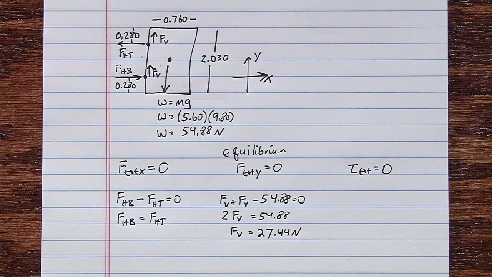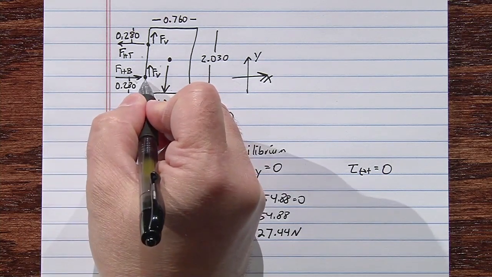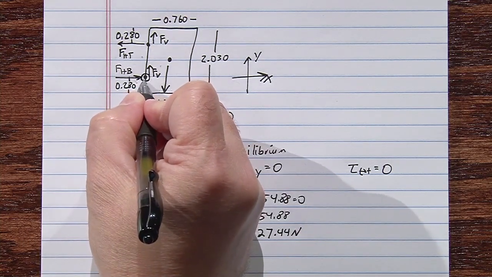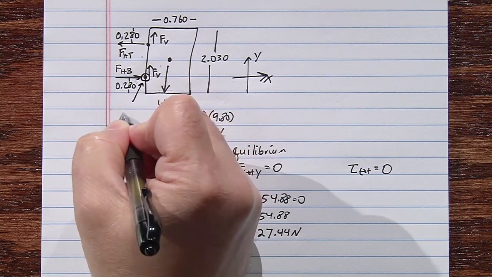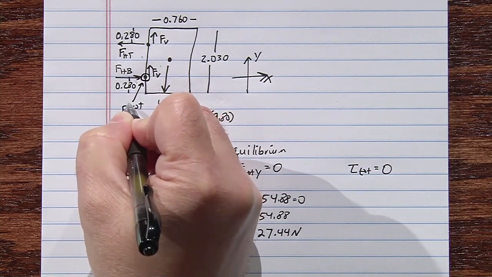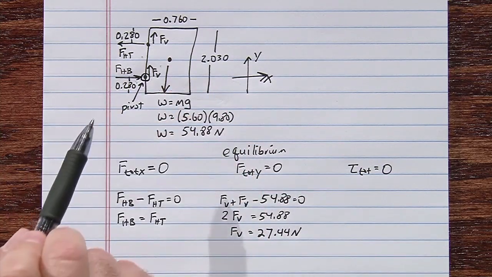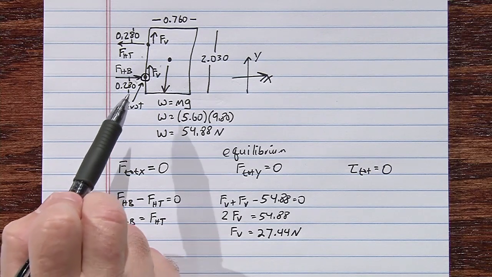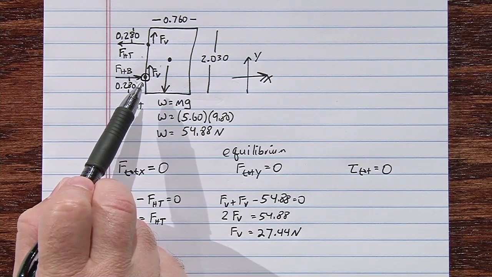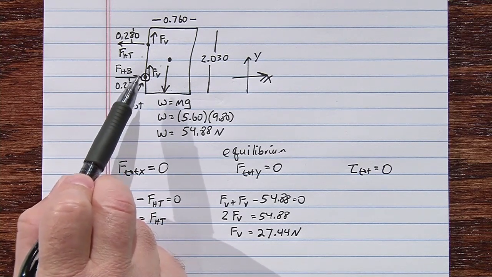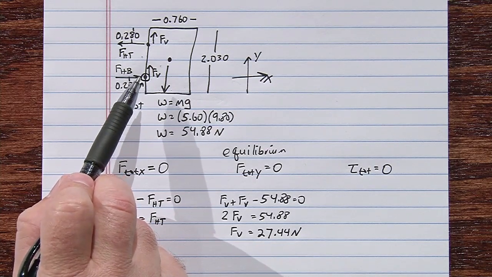Now we are left with torque total is equal to 0. And in order to calculate torque, I will have to designate a pivot point. And my pivot point I will choose to make the bottom hinge. And that will eliminate a lot of my torques. None of the forces of the bottom hinge will exert a torque on the door if that's my pivot point.